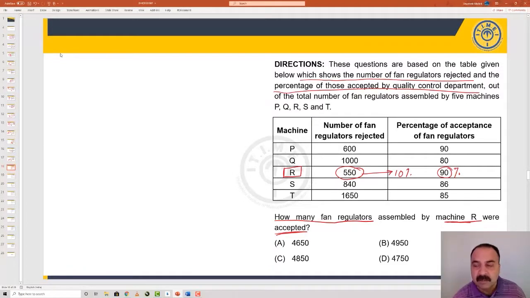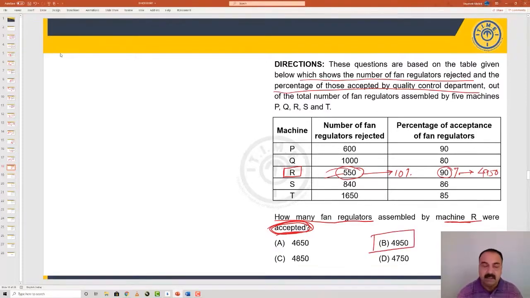What is the number of units accepted? If 10% is 550, how much is 90%? That will be 9 times 550. 500 nines are 4500, 50 nines are 450. 4500 plus 450 is 4950. So this number is going to be 4950.